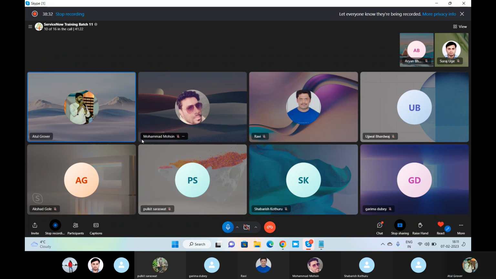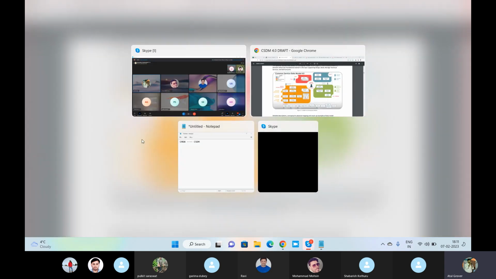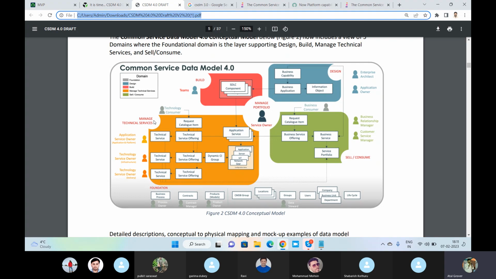Pulkit, who takes care of your studies? It's me only, but fees and other things my dad takes care of. It means these are the areas where a specific person is responsible and accountable for maintaining that particular component. This is what is called managed technical services.